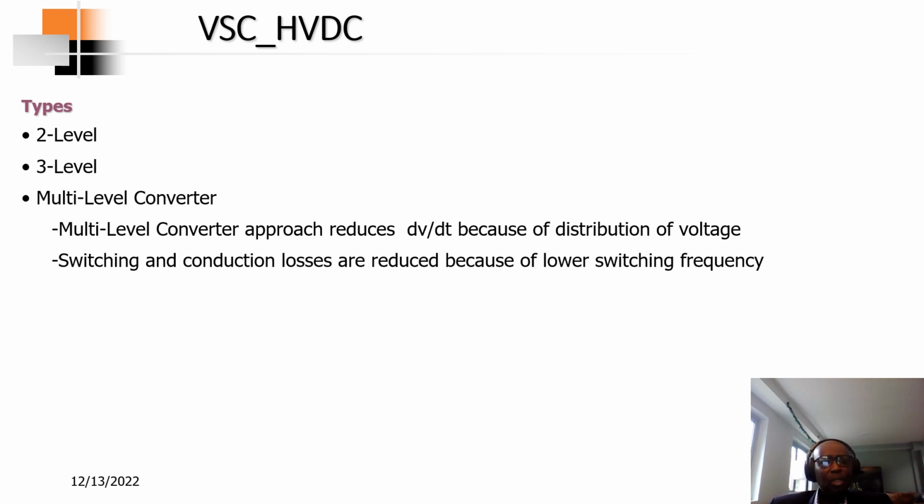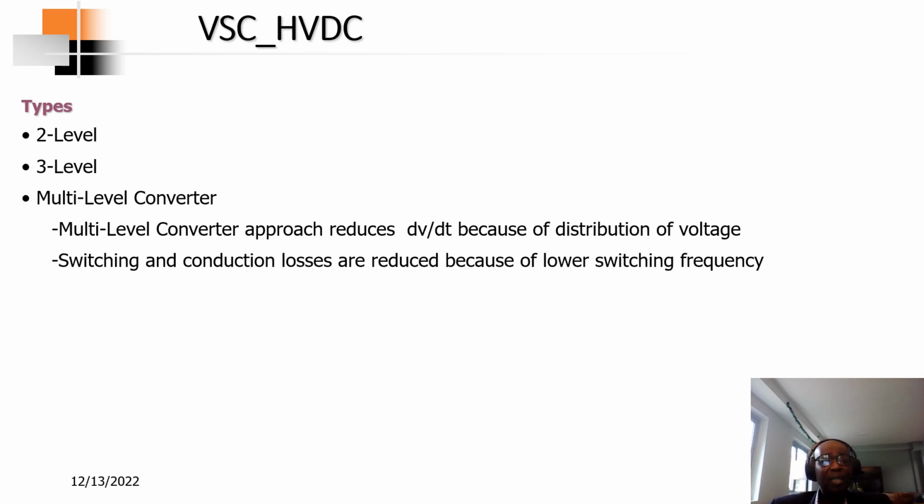The reason why the multi-level converter approach was introduced is basically to reduce the dV/dt, because of the distribution of voltage, and also to lower the switching and conduction losses. For the multi-level converters, we are utilizing a lower frequency for switching, whilst in the two-level and three-level we are utilizing about 1 to 2 kilohertz.